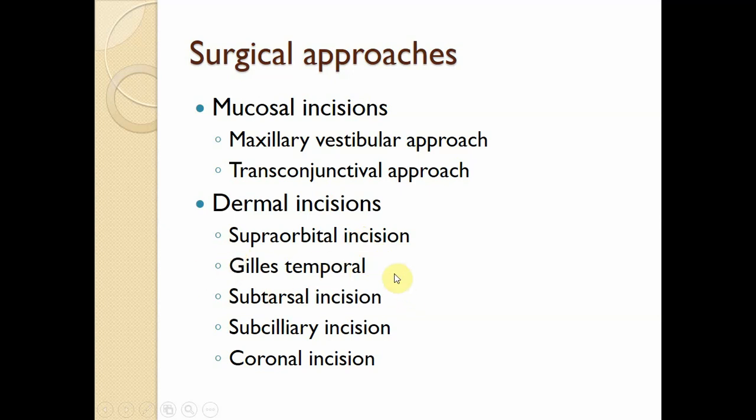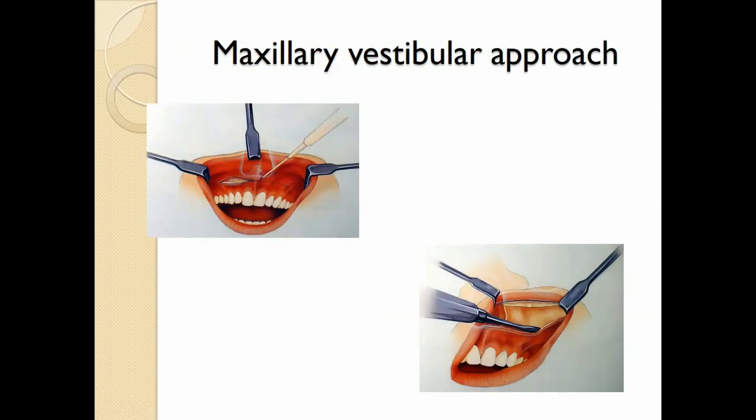The Gillies temporal approach is commonly used for zygomatic arch fracture. Then subtarsal, subciliary and coronal. If there is a bilateral fracture of the zygomatic arch or zygomatic maxillary complex, we use bicoronal. With a suspected fracture of the supraorbital, frontal or nasal region, we use a bicoronal incision.